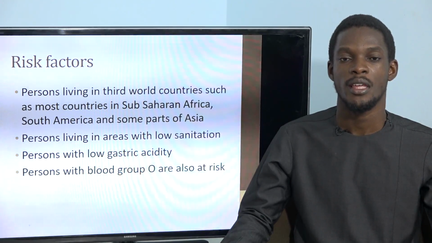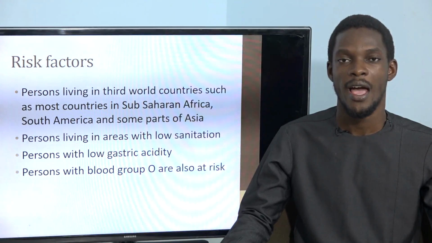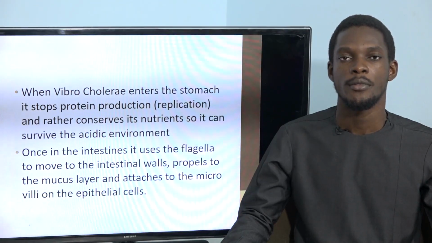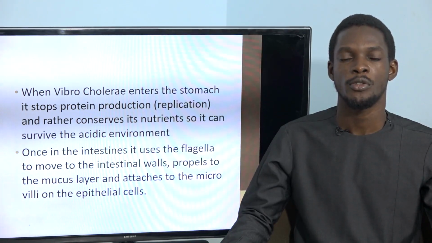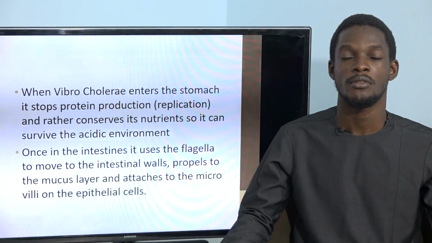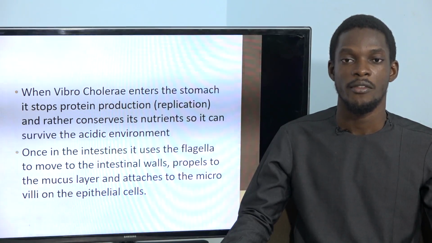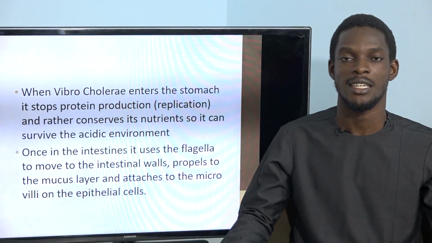And people with blood group O are also highly at risk of cholera. When the cholera bacteria enters the stomach, it stops producing protein. In other words, it stops replicating and rather conserves its nutrients so it can survive the acidic environment.